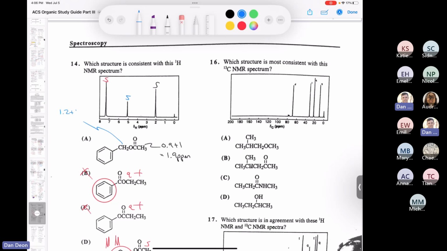So we're going to add 3 for that, and so that's going to give us 4.2. But also keep in mind that it's attached to an aromatic ring, and so it's actually going to be higher than that. So it's going to be greater than 4.2 ppm. And yes, this signal is greater than 4.2. And then you have all the other ones here, and these are going to be aromatic. So that looks the most reasonable.